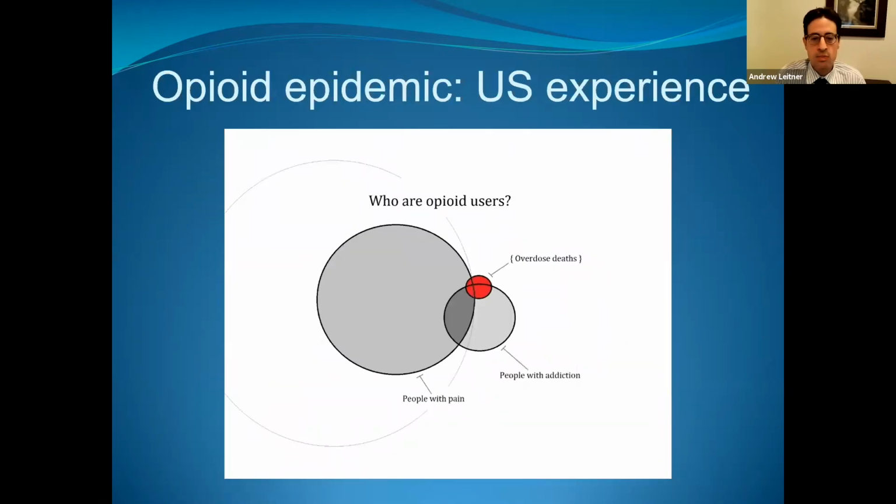The challenge has been that these patients or users of opioids are not a consistent group. There's areas of overlap, but in fact, there are multiple distinct groups. And those who are experiencing overdose and overdose deaths are in many cases, if not the majority of cases, not patients who are having pain or chronic pain.